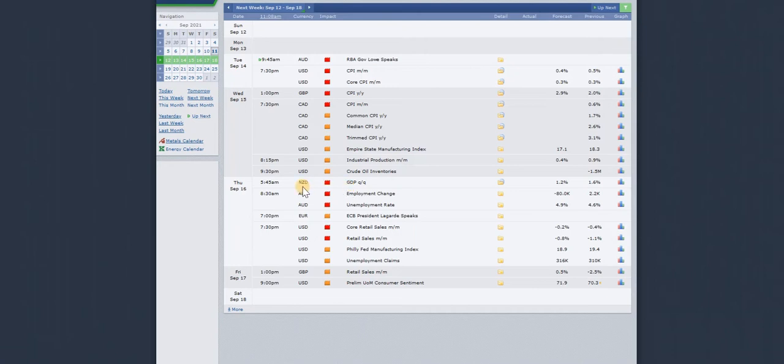GDP out of New Zealand early Thursday morning, and probably the biggest mover possibly in the week is the employment numbers or unemployment numbers out of Australia on Thursday, and core retail sales out of the US on Thursday also, and Friday we finish with a bit of a whimper. So that's it for the week ahead.